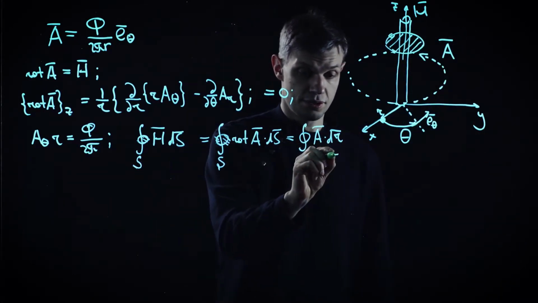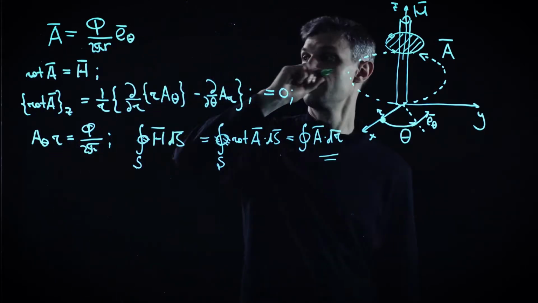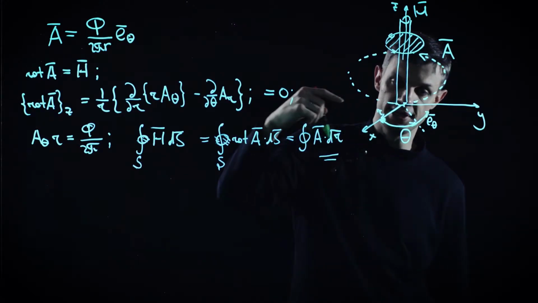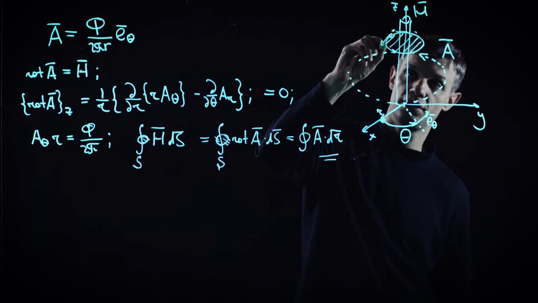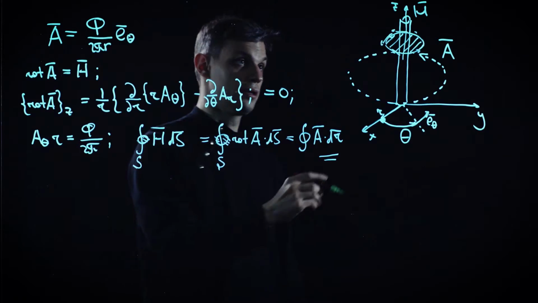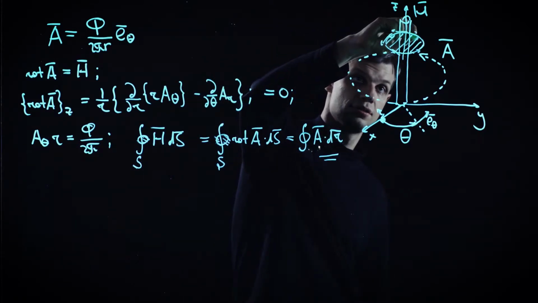And this circulation is very easy to compute, because the only non-zero component is again the polar component, which basically glides along this circular edge. And the area itself, suppose it's a circle of radius r.